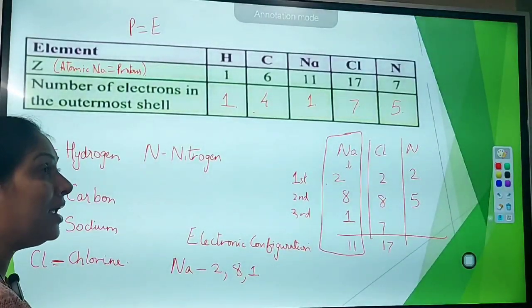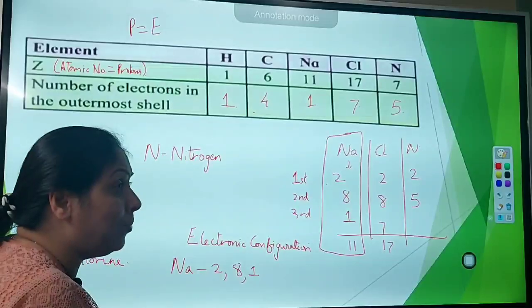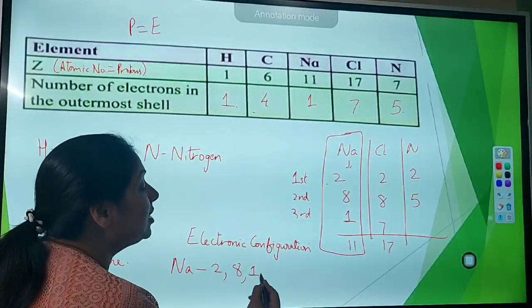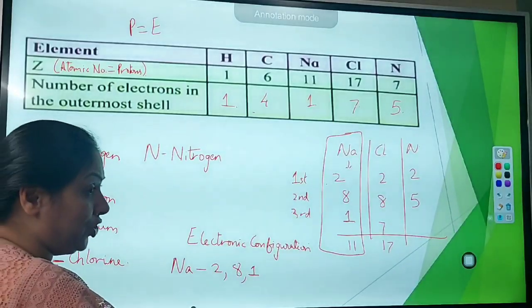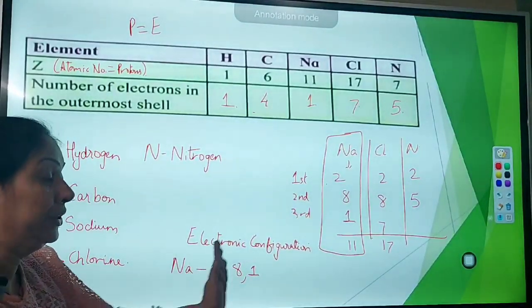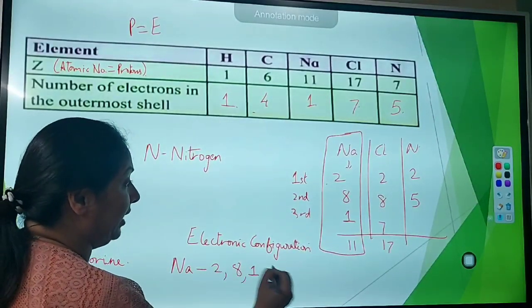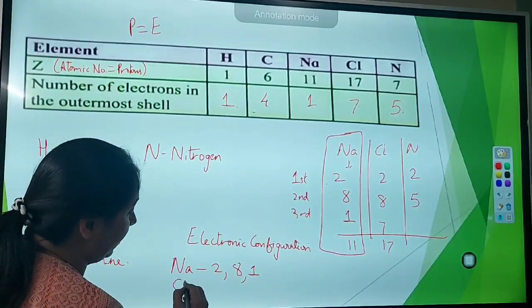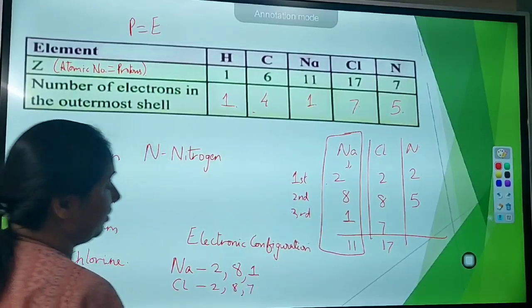So when I write my number of electrons in the shell form, when I distribute it as per the number of shells, in this format, 2, 8, 1, let's look at chlorine. 2, 8, 7.